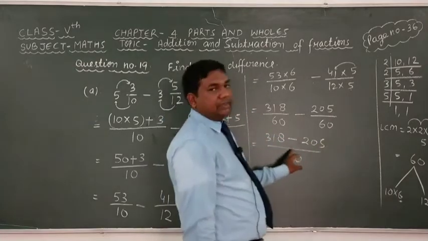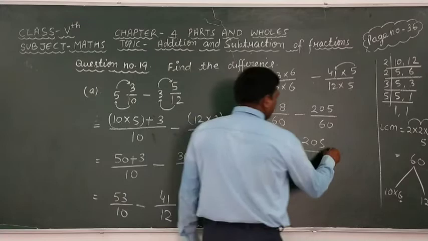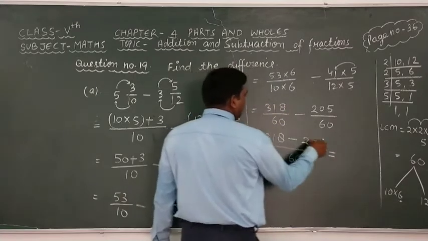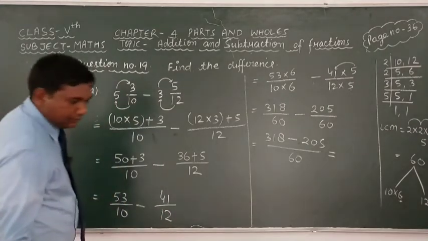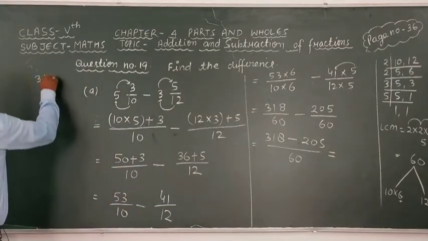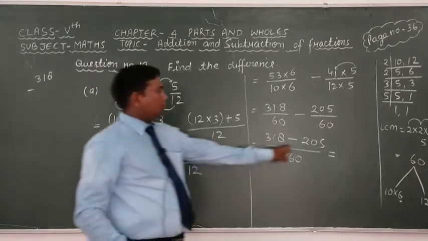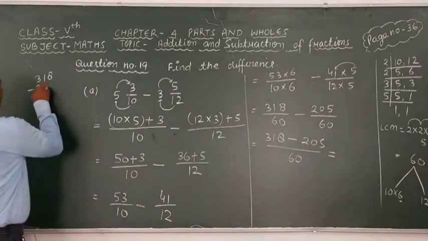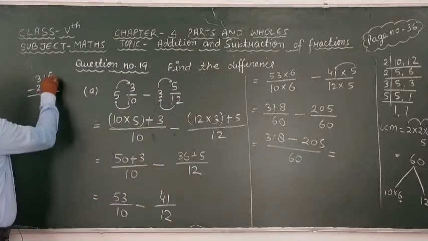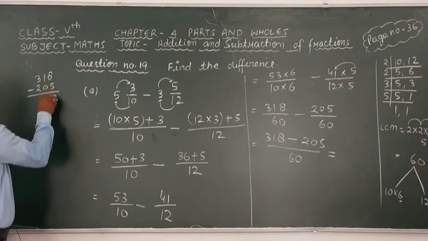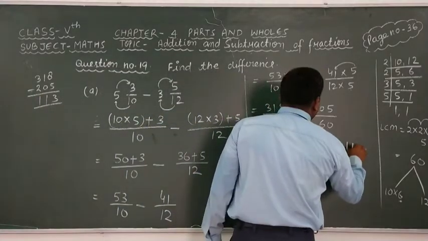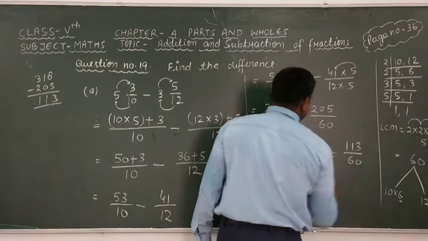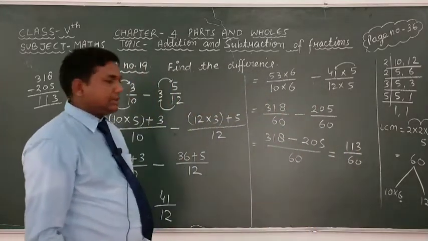After subtracting: 8 minus 5 is 3, 1 minus 0 is 1, 3 minus 2 is 1. So after subtracting we get 113 over 60.